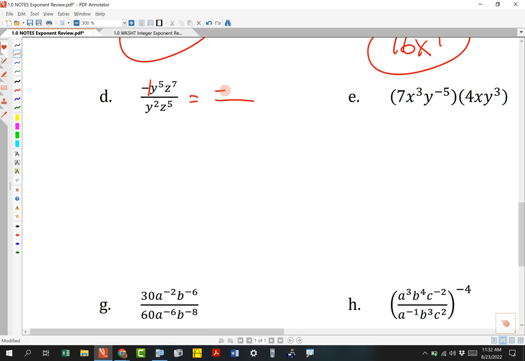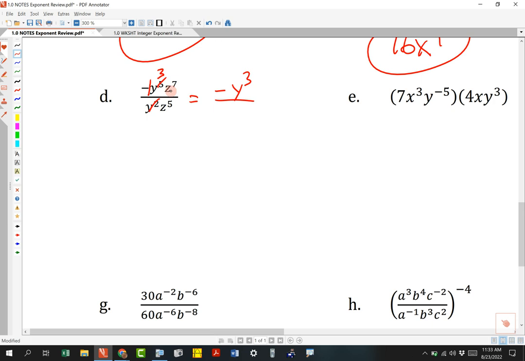So this is going to be a negative on the top. Caleb, how many y's are on the top? 5. Wilson, how many y's are on the bottom? 2. So Luke, specific question. How many y's cancel? 2 of them. These 2 will cancel with 2 of those. So Colson, how many are left? 3. And are they on the top or the bottom? Top. So y to the 3rd on the top.